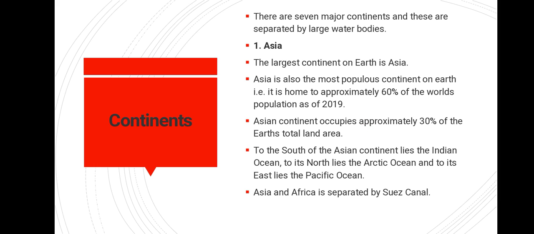Asia and Africa is separated by Suez Canal. The Suez Canal Authority has been run by the Egypt government. Asia and Europe is separated by Black Sea and Caspian Sea, also Ural Mountain.